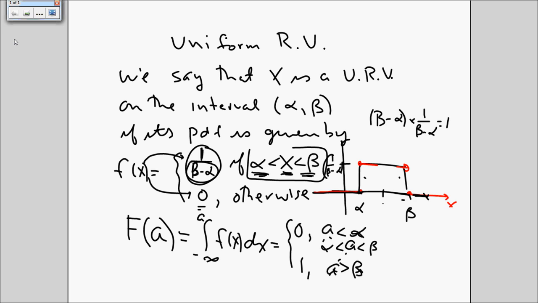What if A is right there? That is, what is that area?